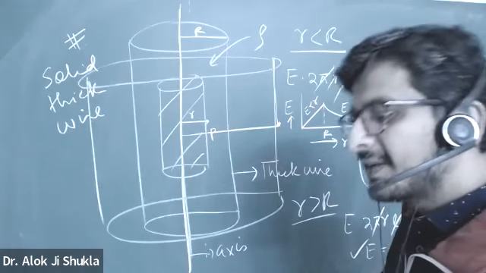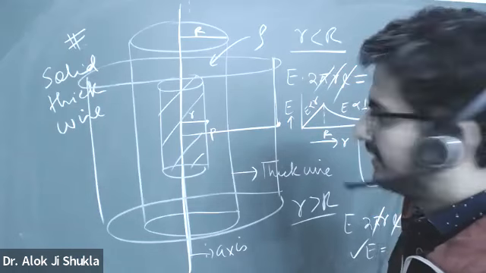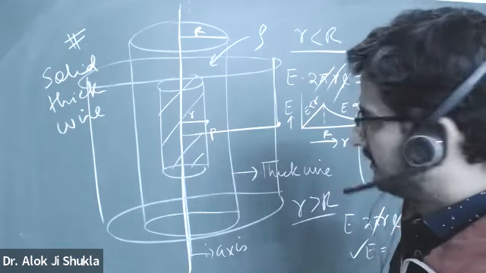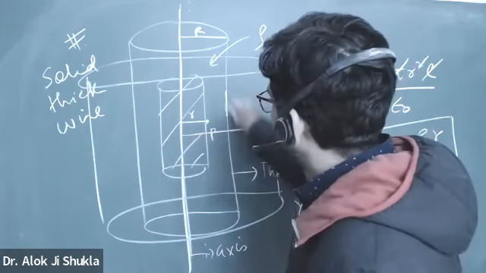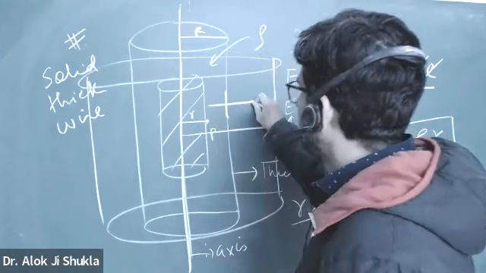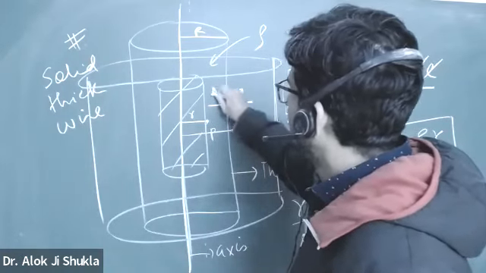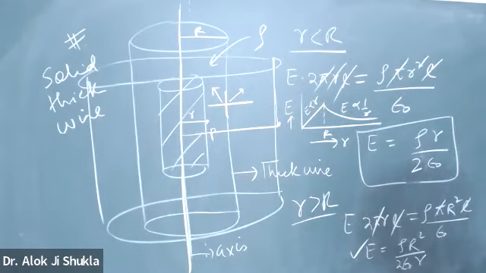Where is the surface, at small r? No, that is the Gaussian surface. The surface is at capital R. Draw the perpendicular, get the field here, get the field here. Subtract them, you will get sigma by epsilon naught.